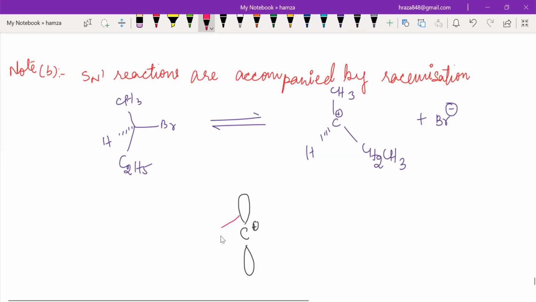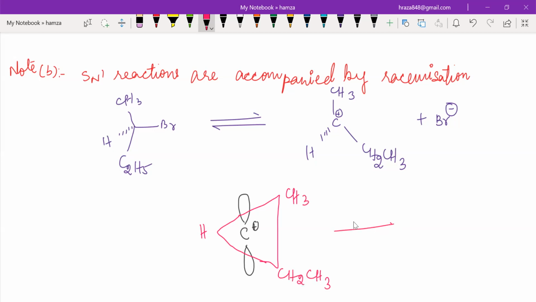And this is hydrogen. And now you can see this is CH3 and this is CH2CH3. Now we are going to react this with OH minus, and here it is also OH minus.